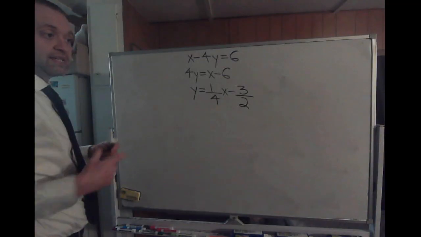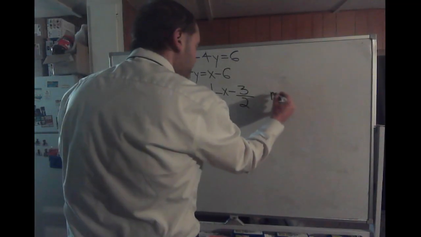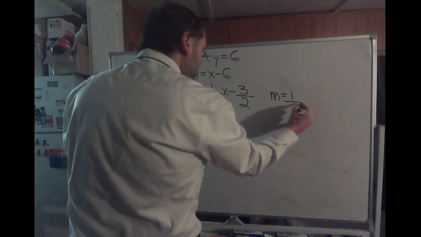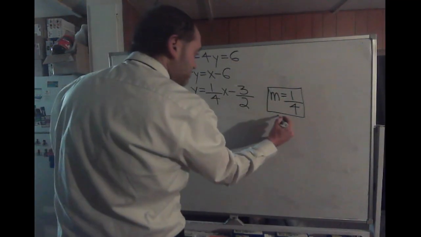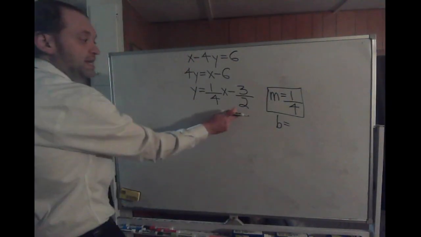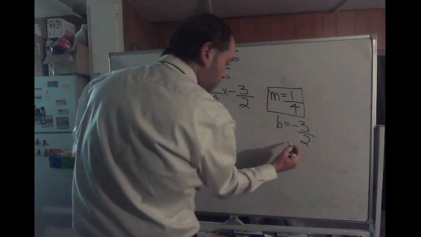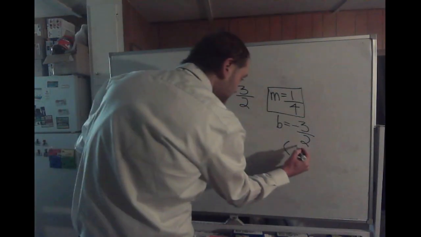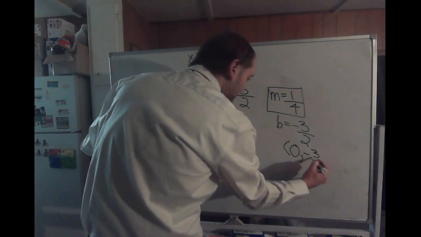Now we can easily identify the slope and y-intercept. The slope would be 1/4. So that was easy. The y-intercept, your b term, of course, is negative 3/2, which means your y-intercept itself would be at (0, negative 3/2), which would be negative 1 1/2.